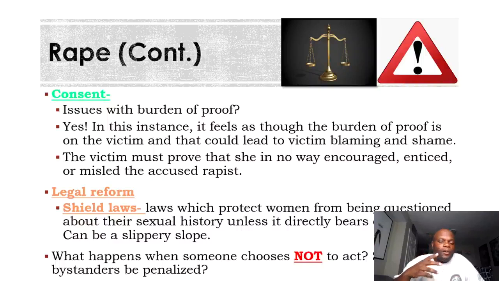So it's important for us to understand and know that within sexual assault, rape, there are some protections in place, but people have to be keenly aware that the onus is on you to decide whether or not you're going to intervene if you saw someone being attacked.